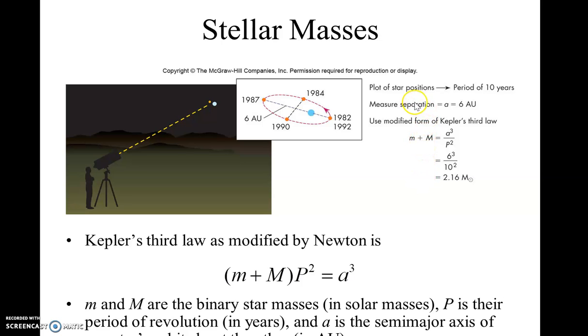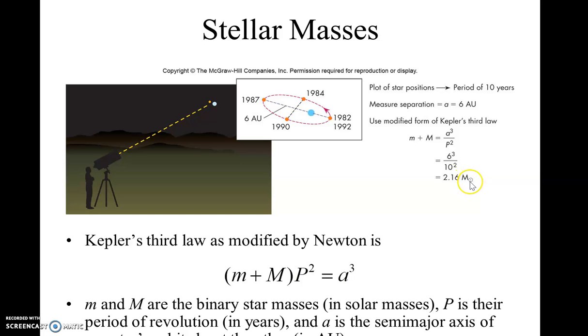Here's a little example. 2 stars are orbiting each other with a period of 10 years. They average a distance of about 6 AU apart, and so we use Kepler's third law for combined mass, and we get 2.16 times the mass of the Sun.